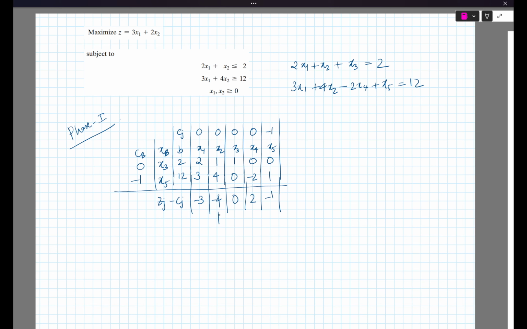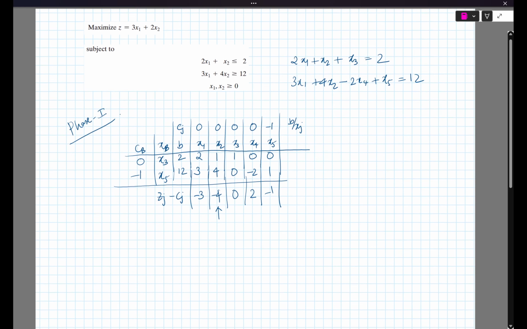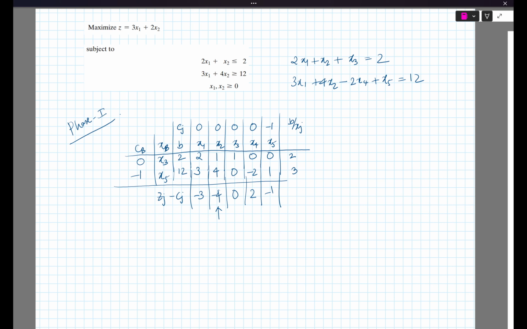Okay, so this is my entering variable, and I can compute b by xj here. So that is 2 and 3. So this is my pivot.